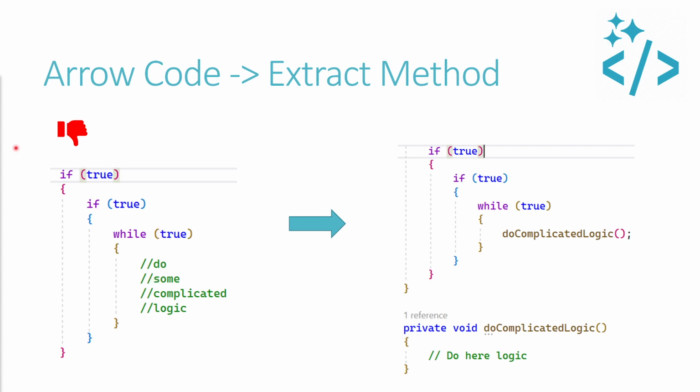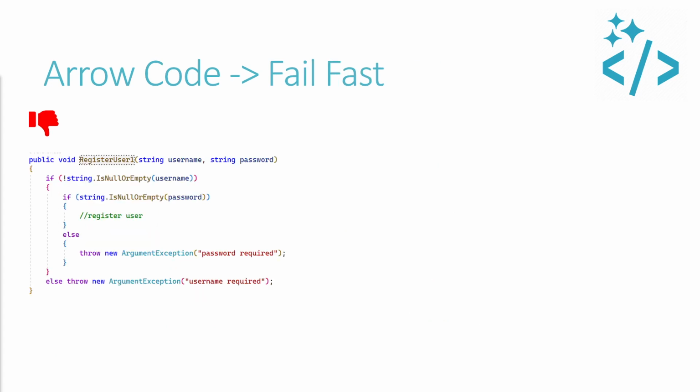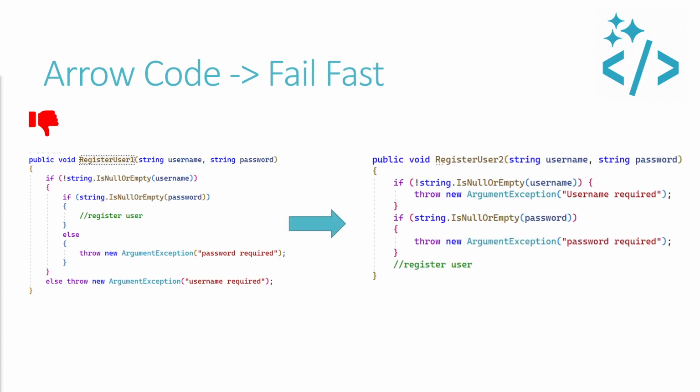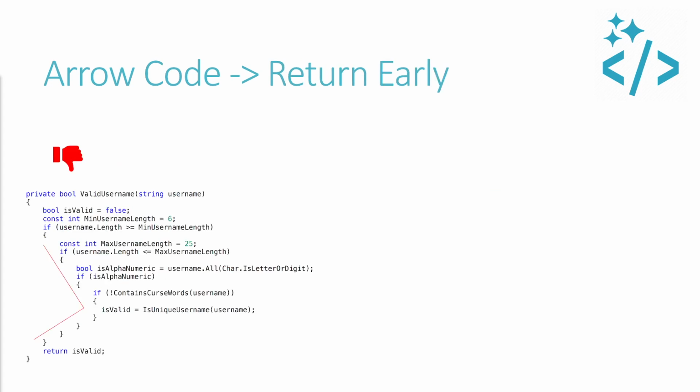Another thing we can do is to fail fast. We have here some checking, if else. It's a bit easier if we check the arguments right at the beginning and throw an exception. So the nesting is a bit eliminated here. And we can also enable our code to return earlier.